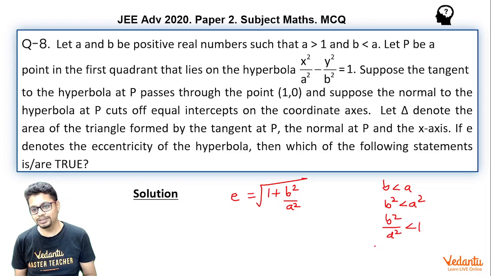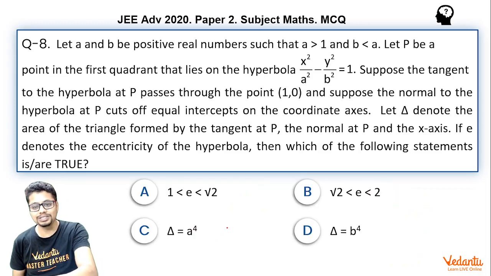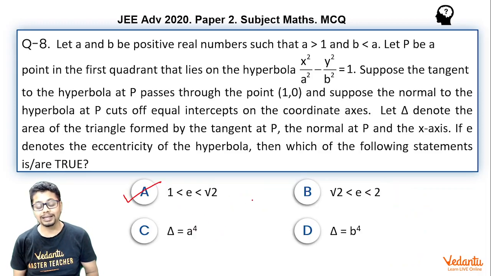That means 1 plus B square by A square would be less than 2, so eccentricity will be less than root 2. And since it is the eccentricity of a hyperbola, it is obviously greater than 1. So A is correct, and B is not correct.